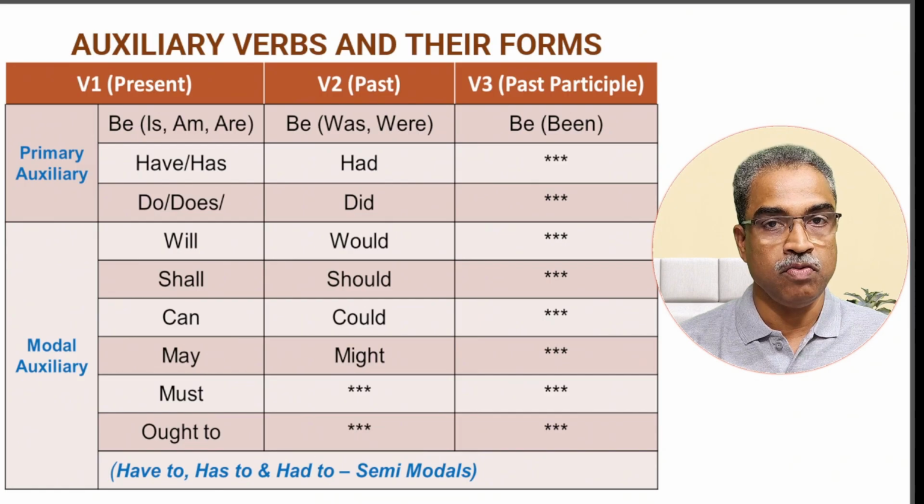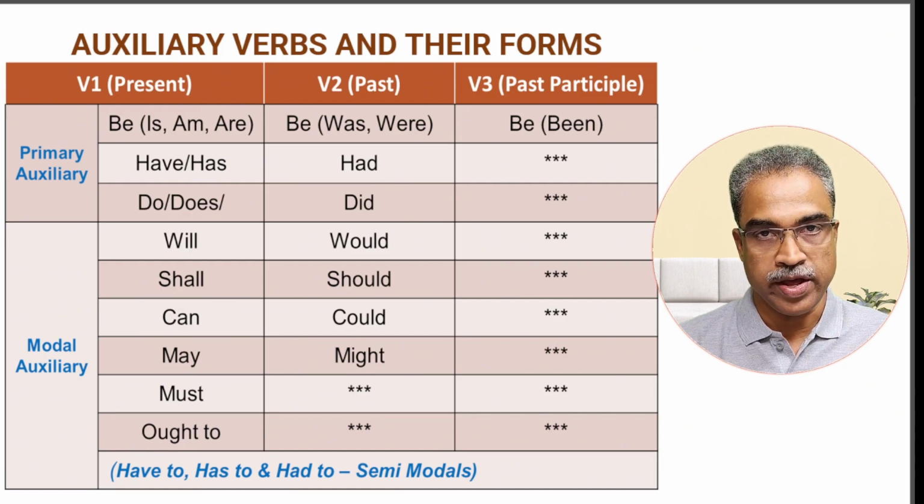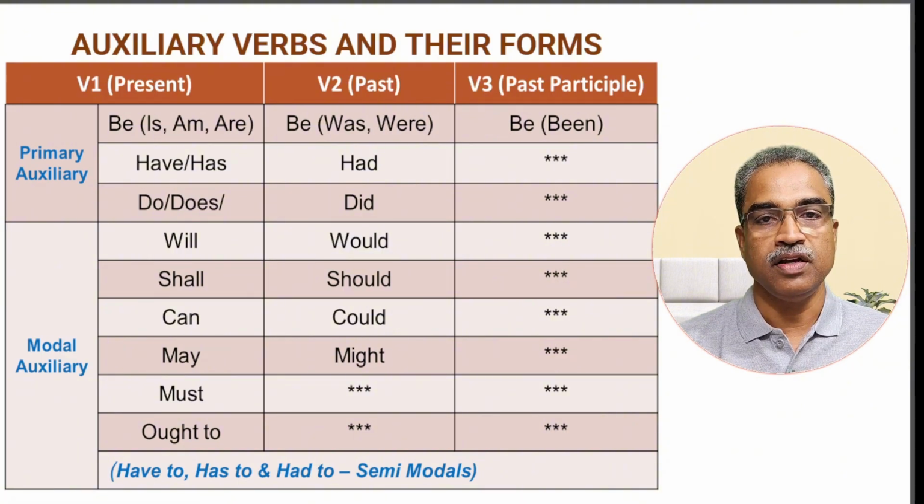V1, present form of the auxiliary verb be. Now, when we come to past tense, that is V2, the be, is, am, are is changed to was and were. Was and were. And past participle, third form V3, we have been. So this is what be, is, am, are, was, were, been.